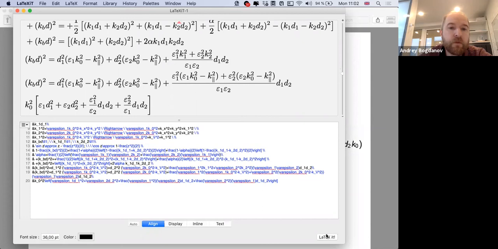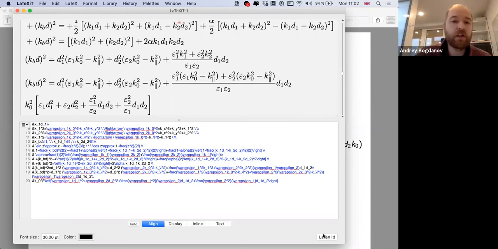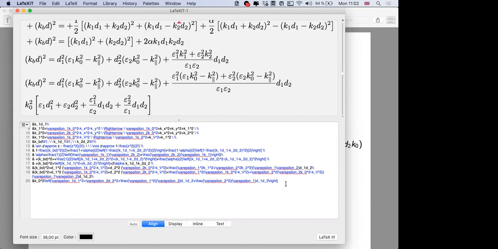Do you agree, guys? Yes. This is just a term before k naught square.